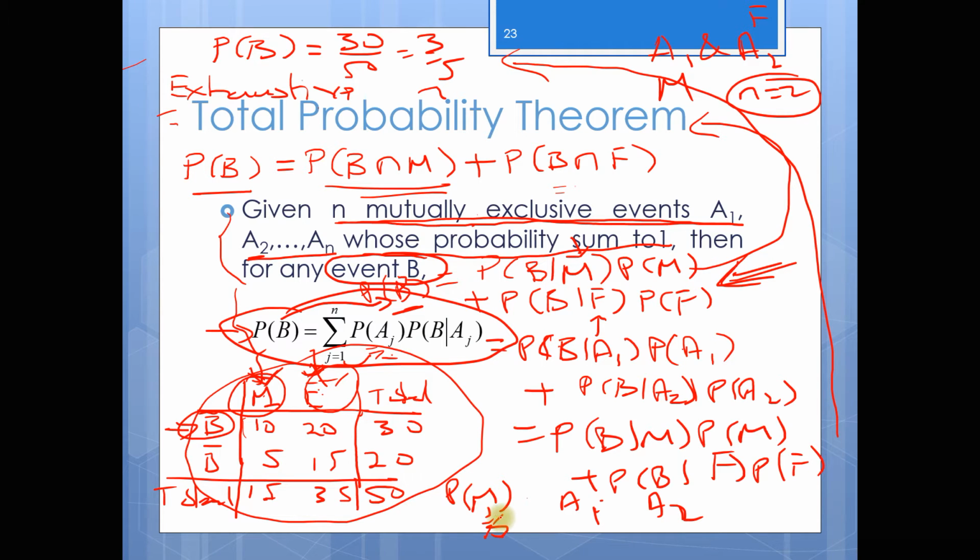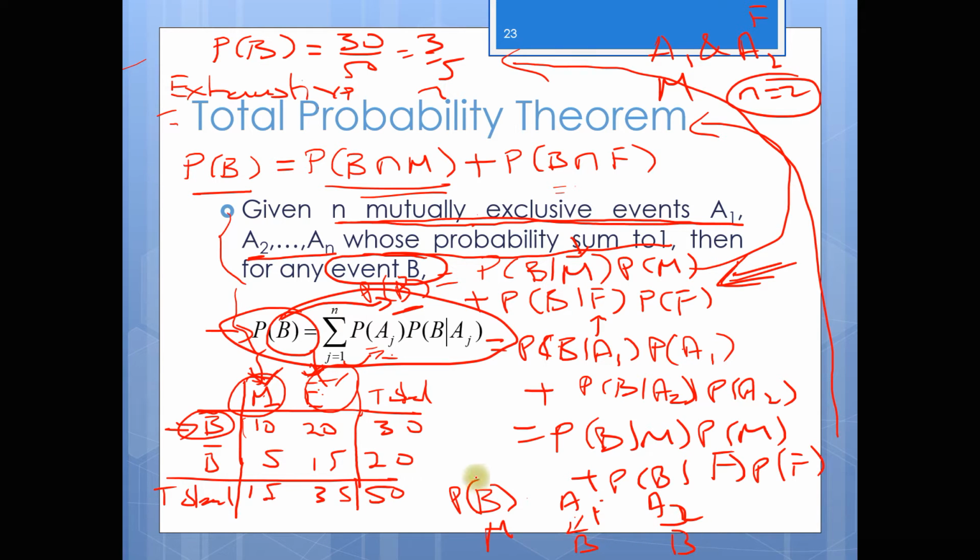If M represents B, the A1 and the A2 represent what? I repeat, if the B here represents M, then the A1 and the A2 represent the B and the B dash.